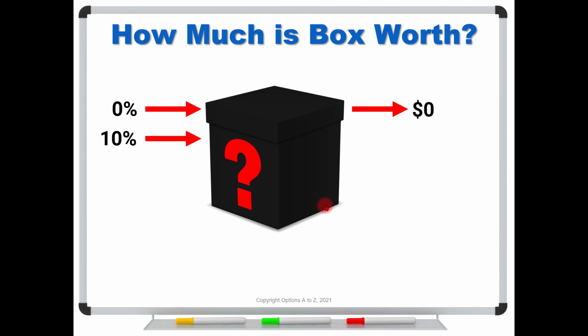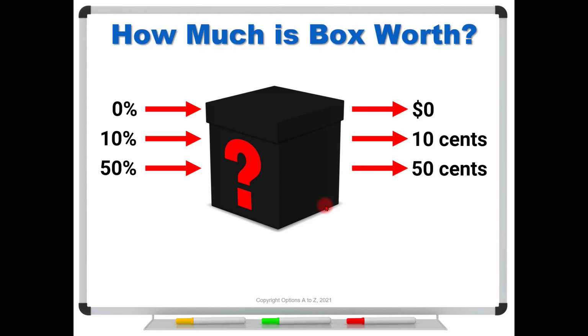We should only pay 10% of that value, or 10 cents. If there's a 50% chance, or at least a 50% belief that there's a dollar in here, then we shouldn't pay $1, we should pay 50 cents for the box. And only if we know, or at least strongly believe, that there is a 100% chance for this dollar to be in the box, that's the only time that we should pay the full dollar.